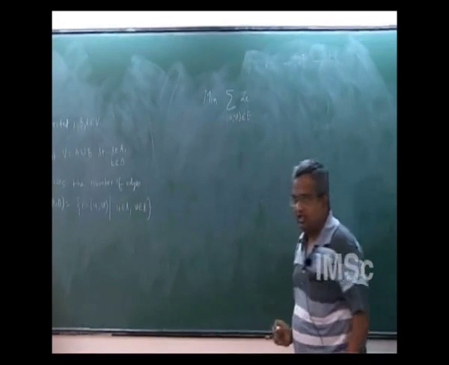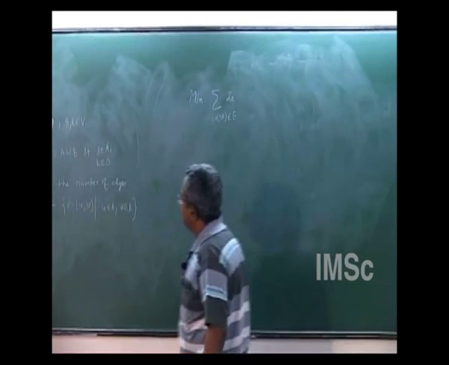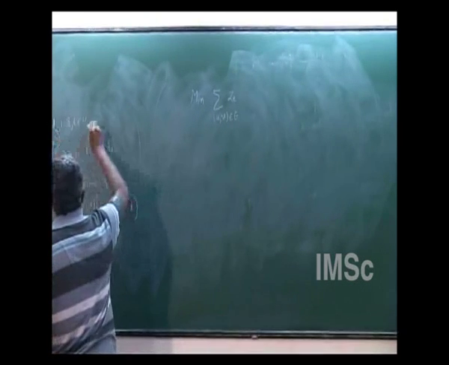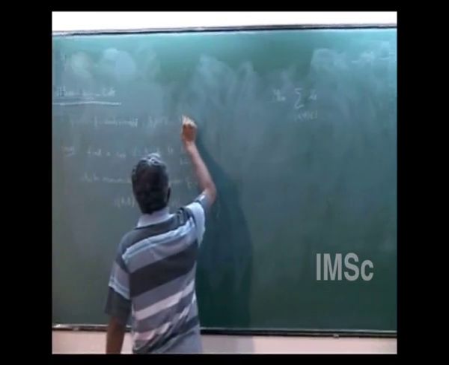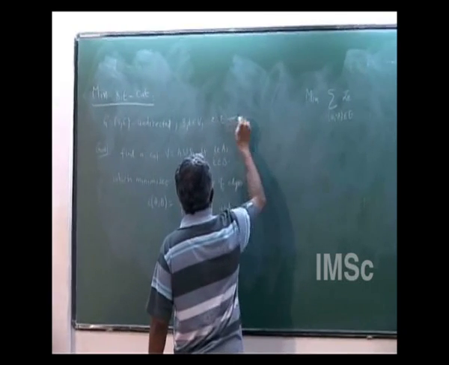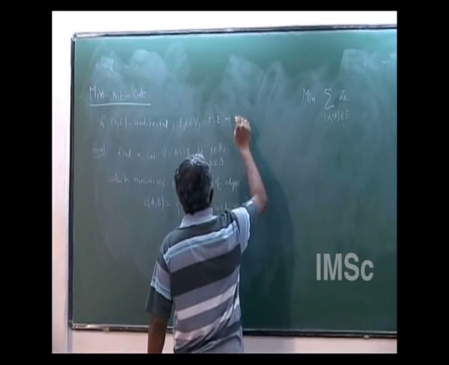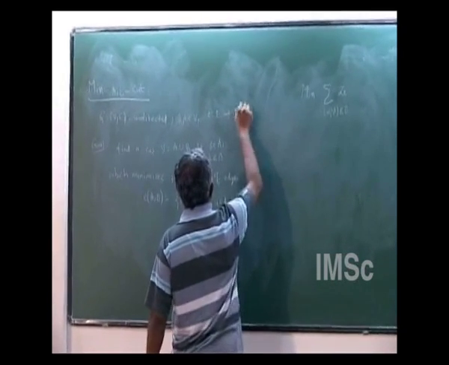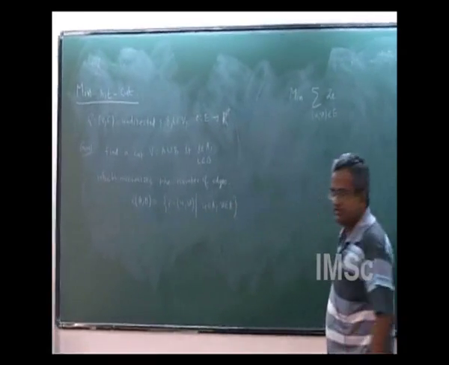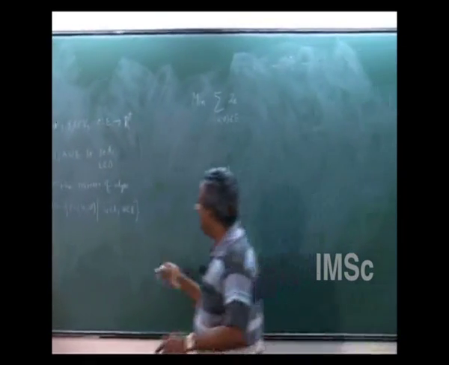Then in fact one can even generalize this as follows. We can even assume that there is a cost function associated with every edge, mapping to R plus. So you want to find a minimum weighted cut.